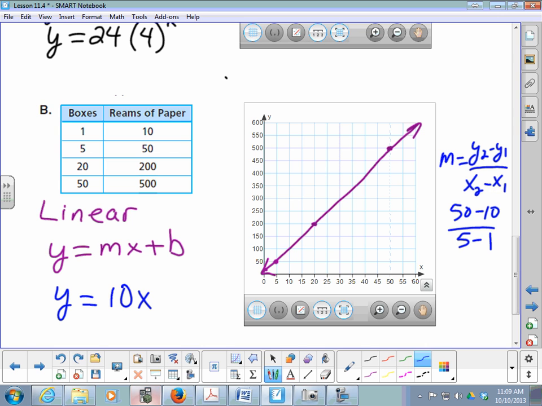So when we get a box of paper in the office, there are 10 reams of paper in each of those boxes, which is actually the case as it is here. We kind of went a little bit ahead of ourselves, but we're good. So graphing them, figuring it out, we could even write the function.